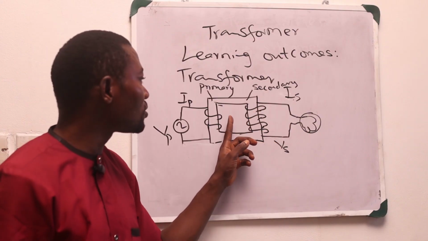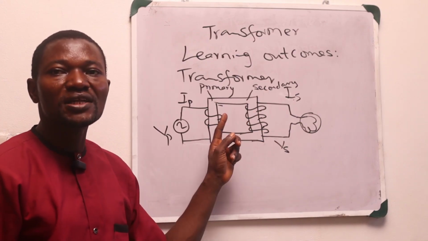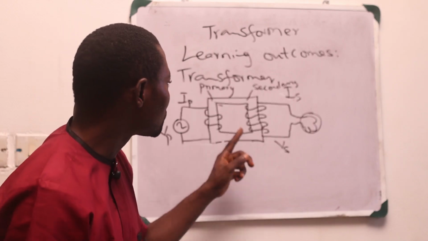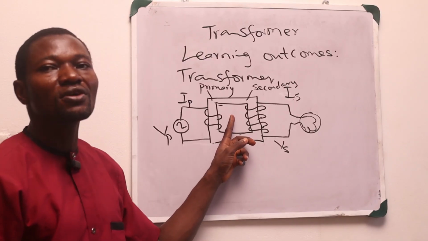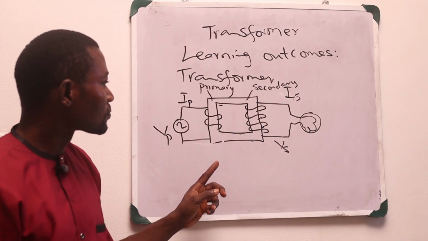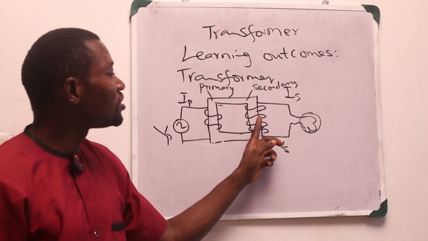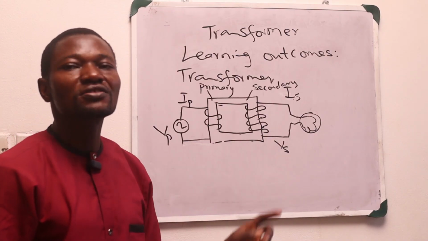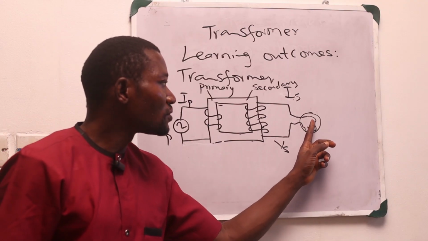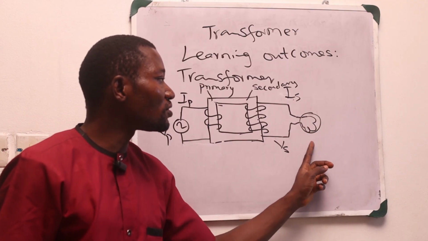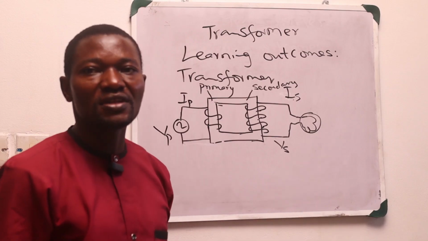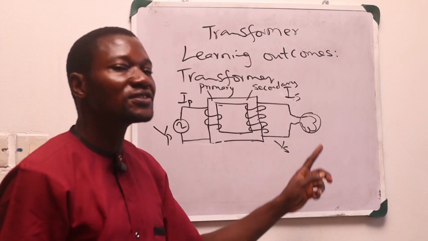You can look at it for more information on what electromagnetic induction is all about. So in line with Faraday's law of electromagnetic induction, the current will be induced in the secondary coil. And if a load or resistor is connected here, there will be an output. So this is how a transformer works.